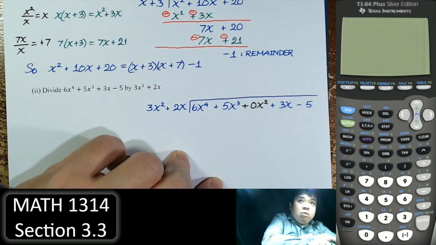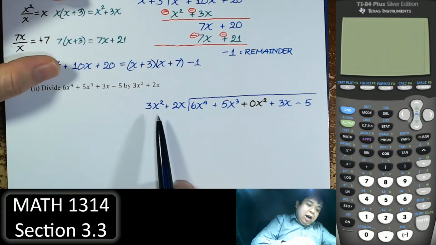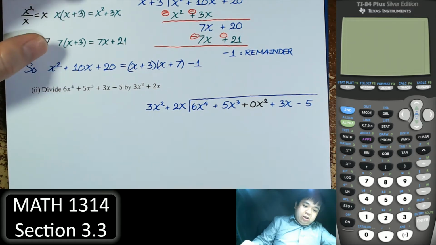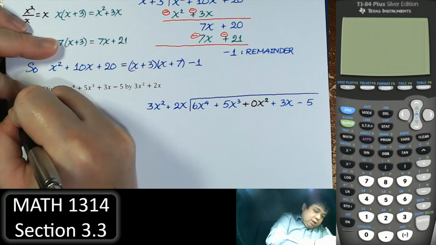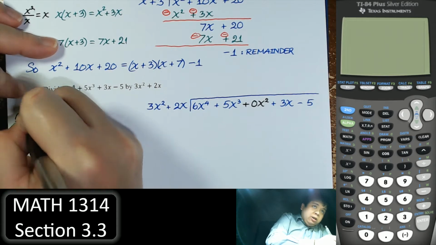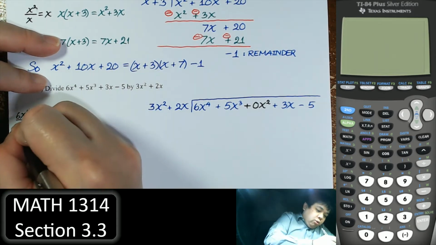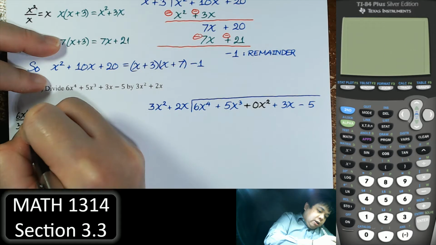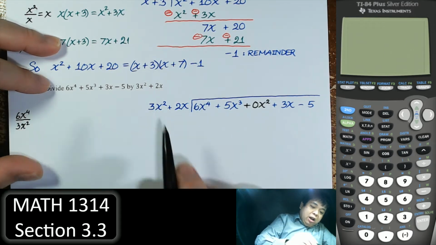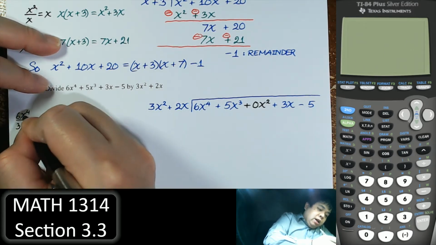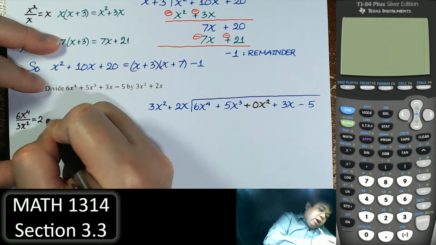And then we just divide like we did earlier. 3x squared into 6x to the 4th: 6x to the 4th divided by 3x squared, using the highest power terms only. That gives us 2x squared.